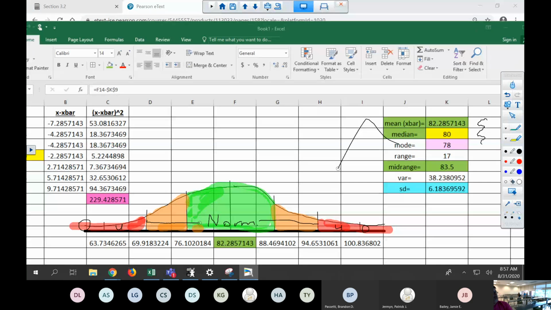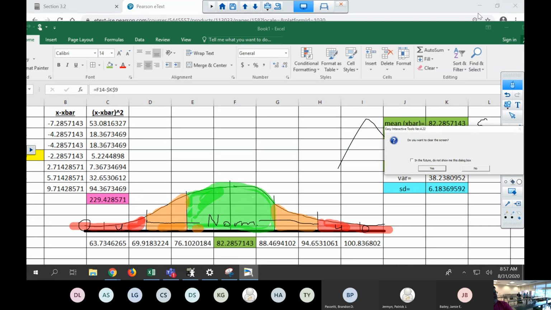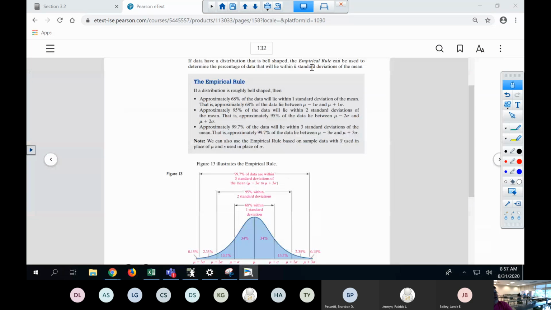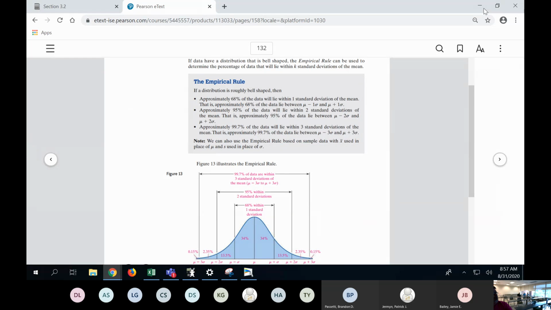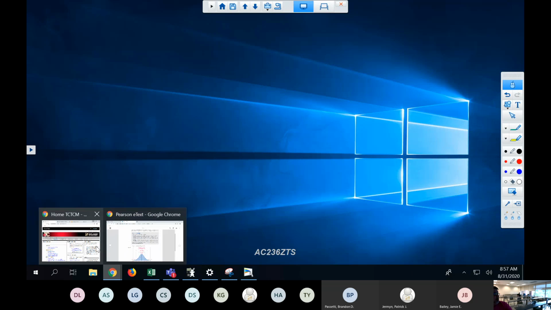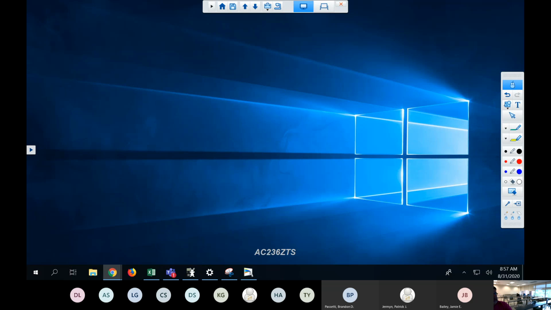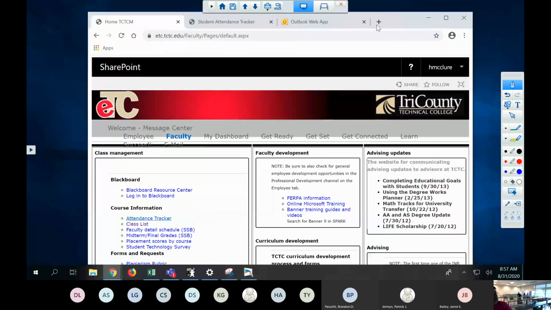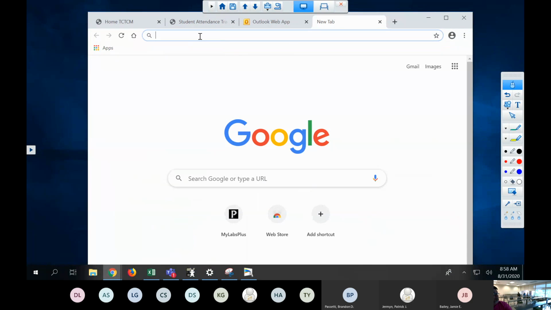I'm going to show you one other thing. Everybody in here can go to Google and you can pull up the empirical rule, copy it, and print it on paper so you don't have to draw it. Now, is this the only time you're going to draw the empirical rule in my class? No. So chances are you're going to draw it 15,000 times this semester. So I'm going to show you this, and you pull it up at home.